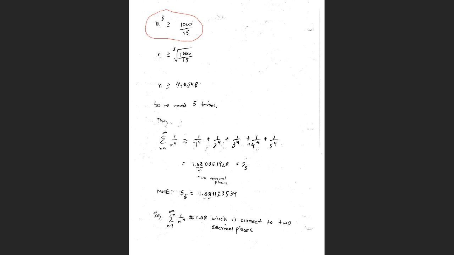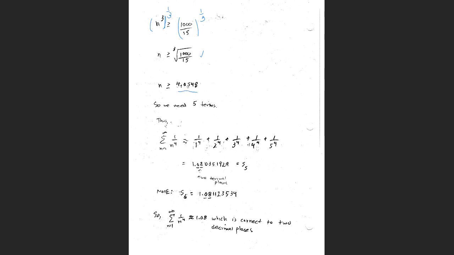In other words, what I'm doing here, if I put in a little more detail, is raising both sides of the inequality to the 1/3 power. And it doesn't change the inequality sign at all. 1,000 over 15 to the 1/3 power is the cube root of 1,000 over 15.